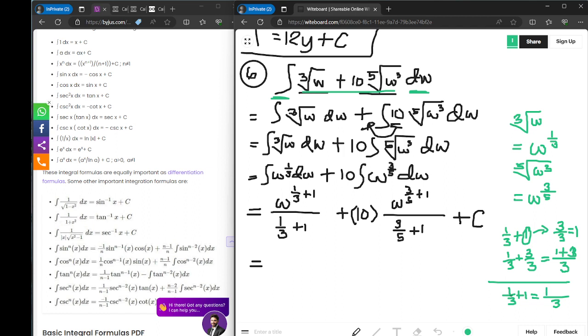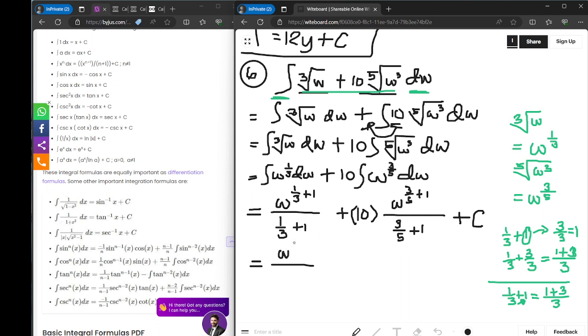Then this will be 1 for 1/3, plus, and we're going to multiply 3 to our number. So that would be 3 times 1 is 3. There are other techniques that we can use, but these are the two most common techniques.